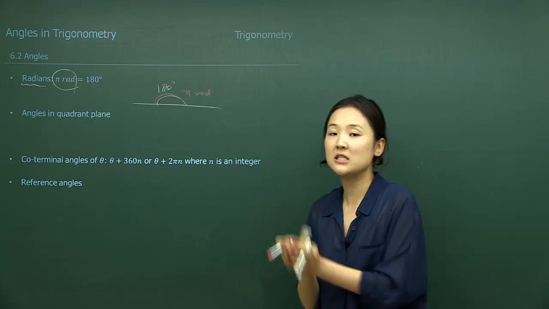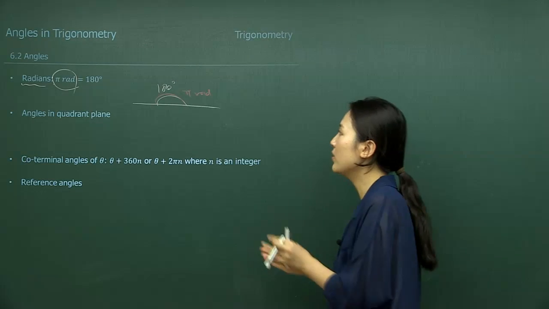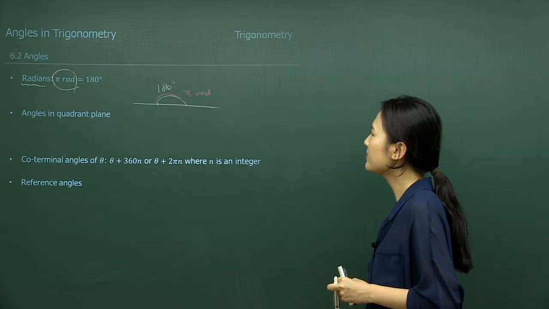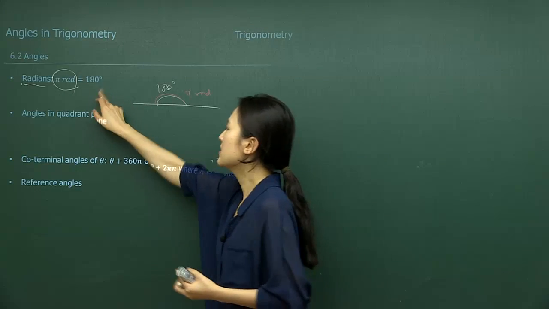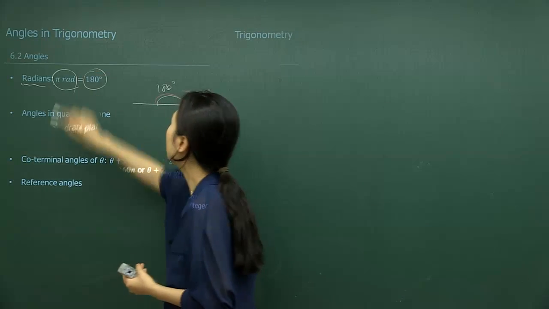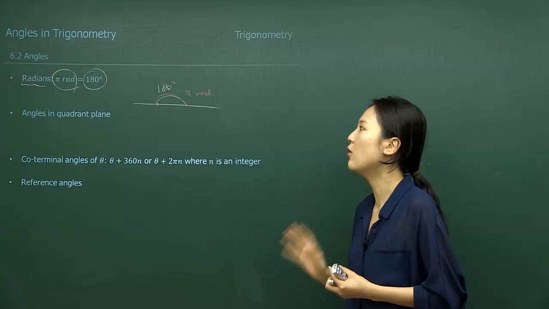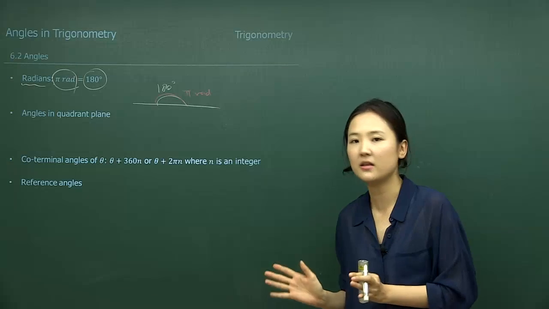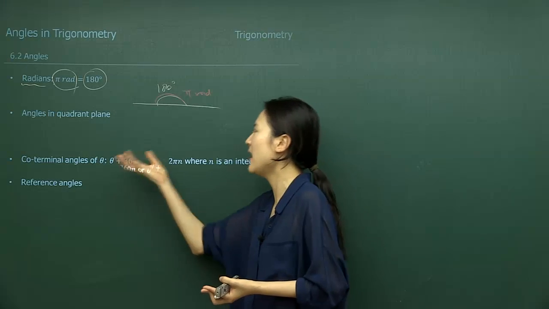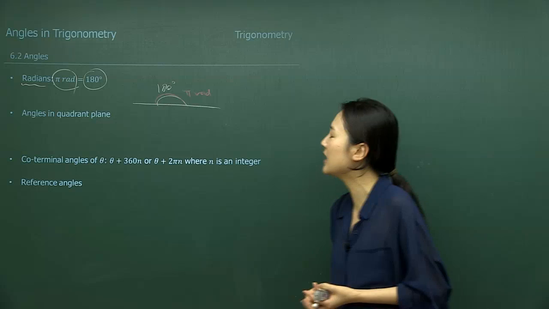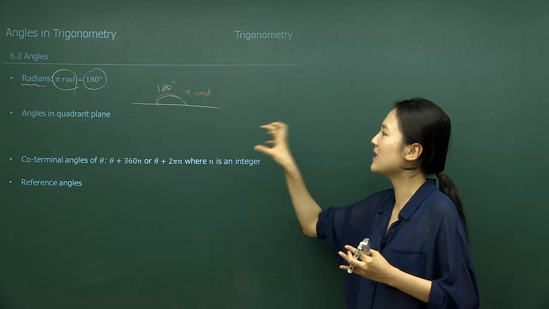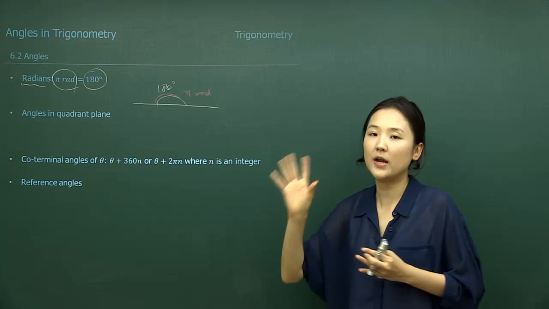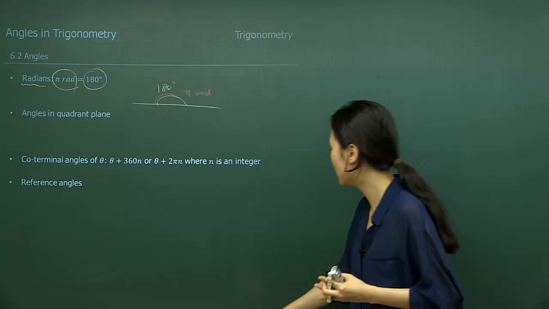So 1 radian is rather big compared to 1 degree, right? This doesn't mean that radians are always given in terms of pi. Like I just said, 1 radian is totally fine. It's just that pi radians happen to be exactly equal to 180. So we actually use that as the set ratio to convert radians into degrees and vice versa as well.